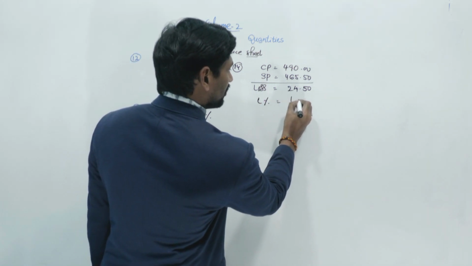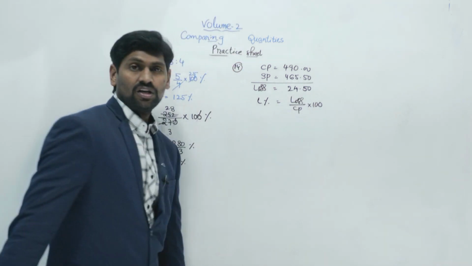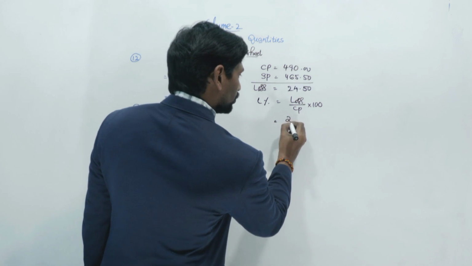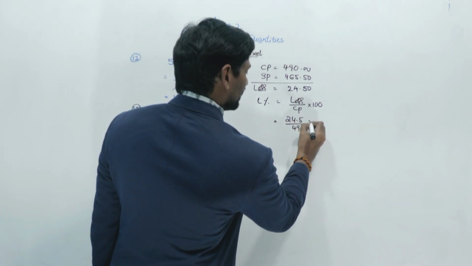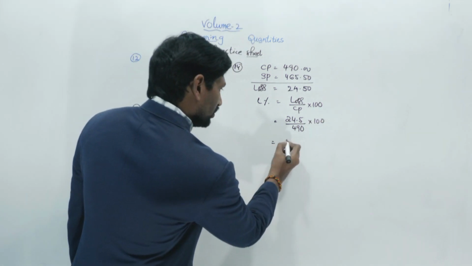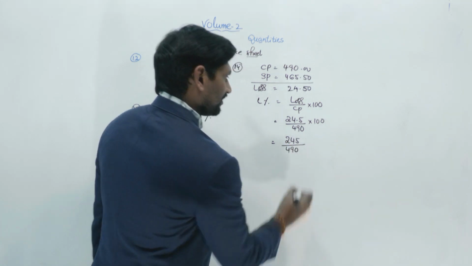Loss percentage formula, what? Loss by CP into 100 percentage. Loss value 24.5, cost price is 490, into 100. Now 24.5 I am writing as 245 by 10.